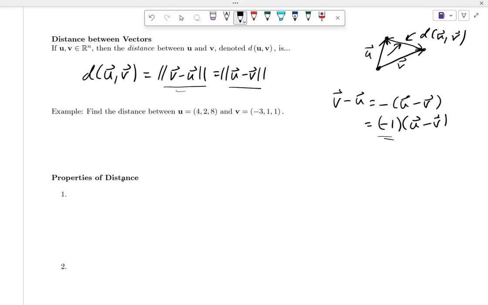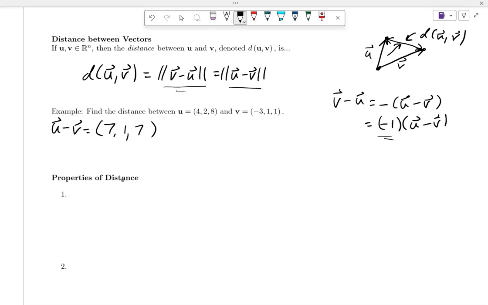Okay. All right, so if I want to find the distance between these two vectors in this case, the first thing you're going to do is subtract them. Again, it doesn't matter the order that you subtract them in, because like Austin said earlier, especially for the Euclidean, I'm going to square the components anyway, right? So if I do u minus v, what do we get? 7, 1, 7.